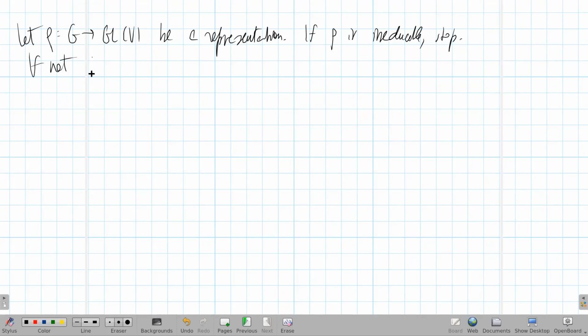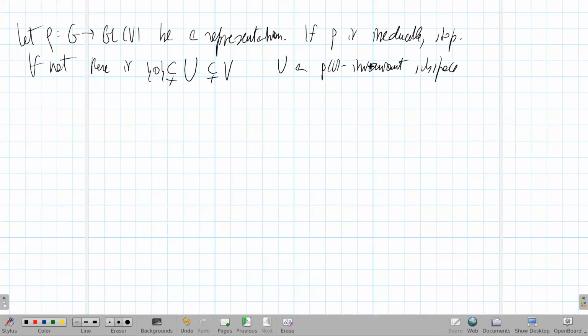Then there is a subspace U which properly contains 0 and is properly contained in V, a rho G invariant subspace. Or if you prefer, this is a CG submodule. By Maschke's theorem, V is the direct sum of U and some W, which is also rho G invariant.